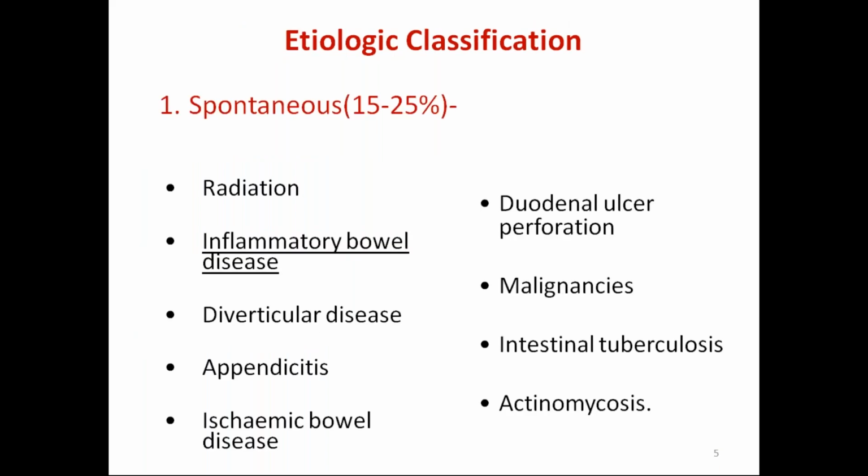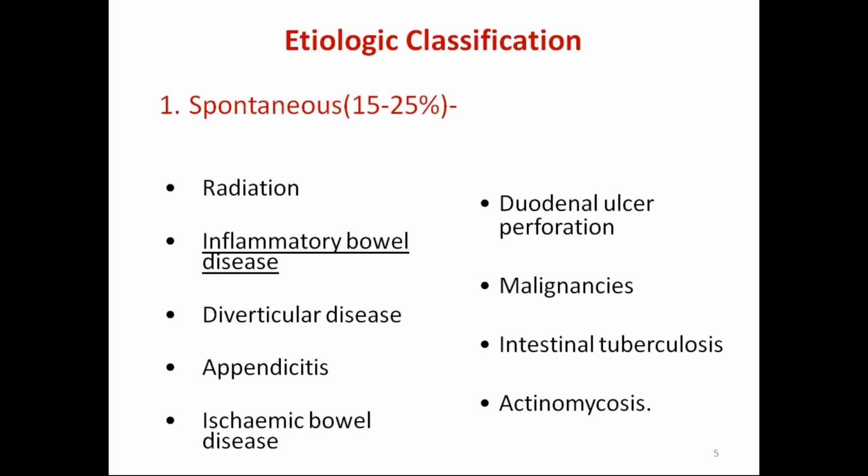So, etiological classification: spontaneous. We have a mnemonic here, that is FRIENDS of fistula. F is foreign body, that is if there is any underlying foreign body, then there will be a connection between the internal organ and the external surface, as the content finds another route for transportation.